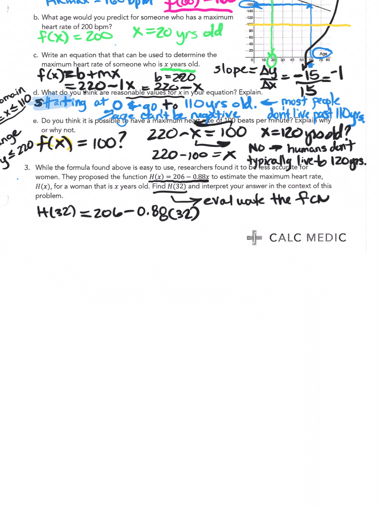Okay, so what do we get? We get about 177.84. You should be working this on your calculator along with me. Okay. Now, what does that stand for? What does that mean?